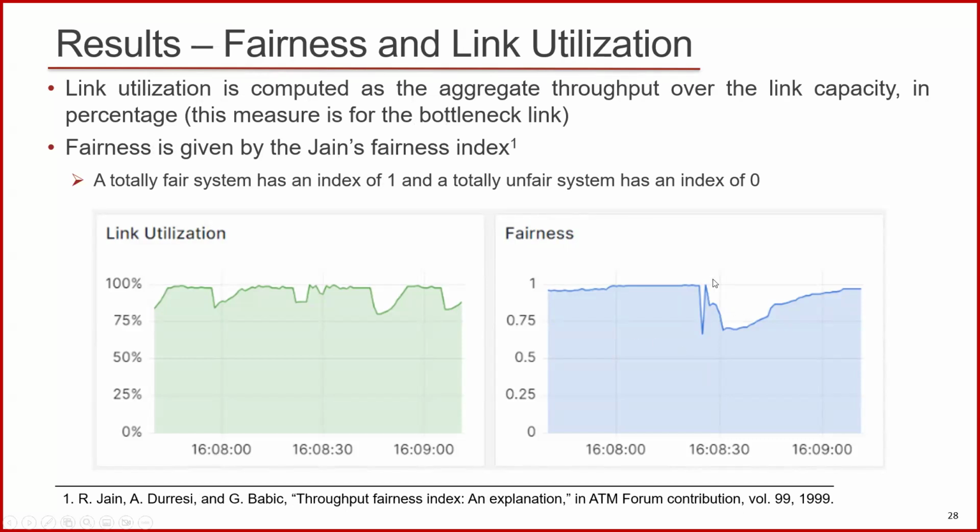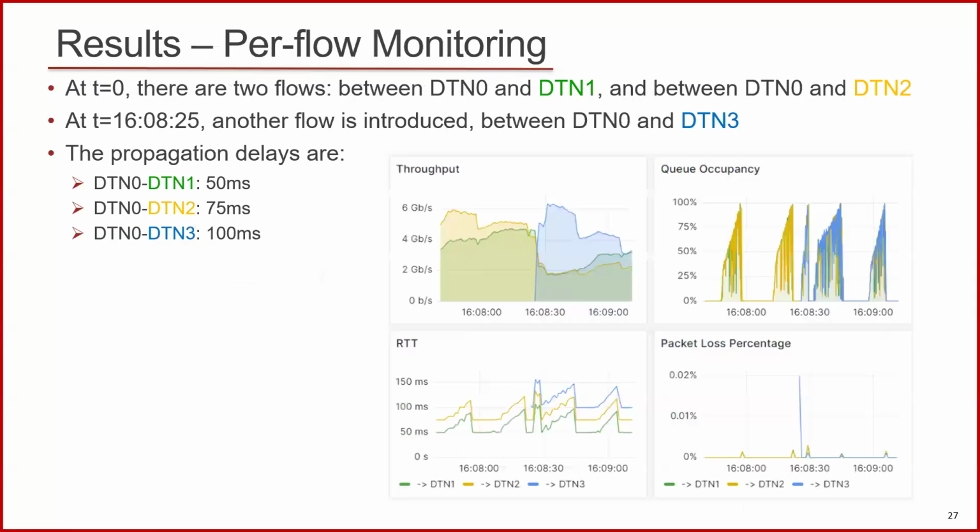Now, as you can see here in the fairness, at this time, the fairness decreased. It was 1, but at this specific time it reduced, and then started to go up to 1 again. To understand what's happening here, we can just observe the throughput graph, because when the new flow arrives, it consumed most of the bandwidth. So the allocation for the three flows is not fair.